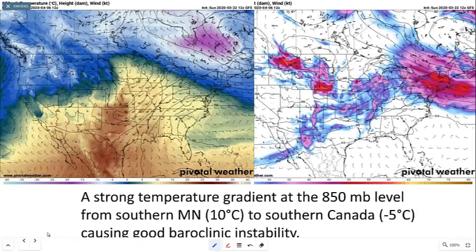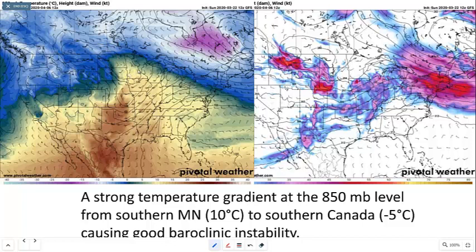So here's an example where we do have a strong temperature gradient at the 850 millibar level. In southwestern Minnesota, some of the temperatures are about 10 degrees Celsius, as you can see in the yellow. Southern Canada, up through this region, we see that the temperature is around -5.